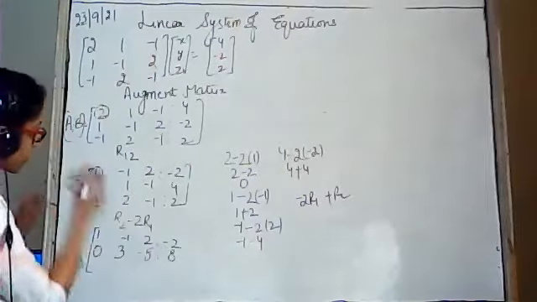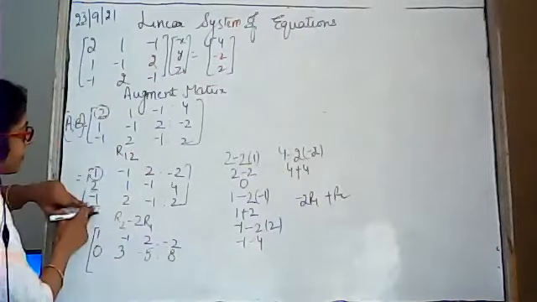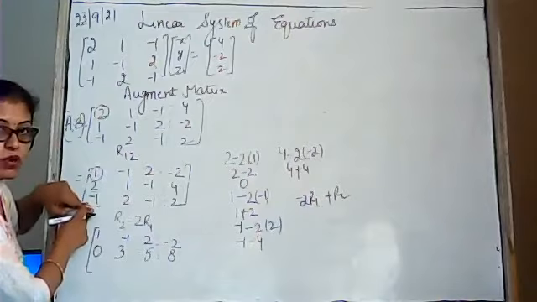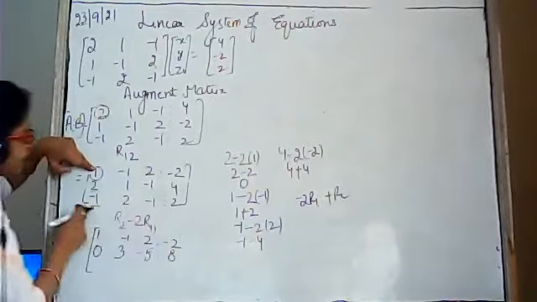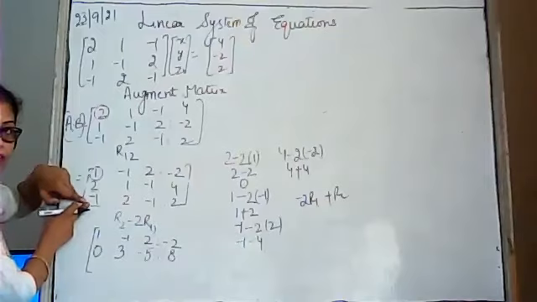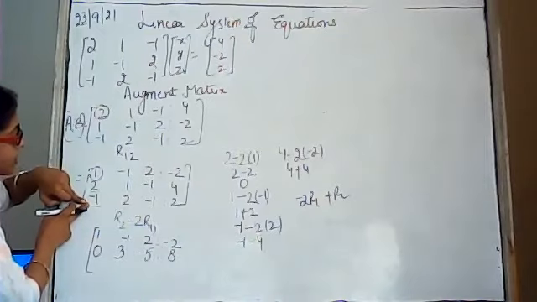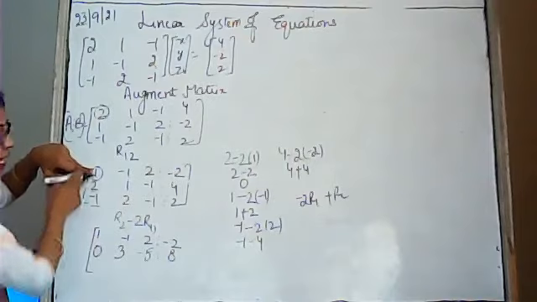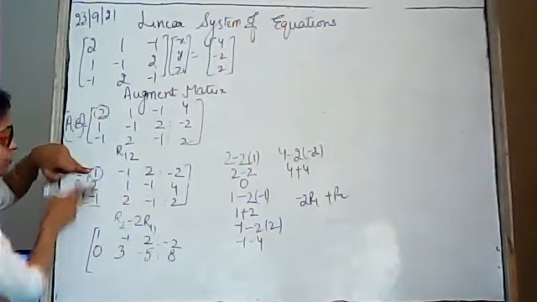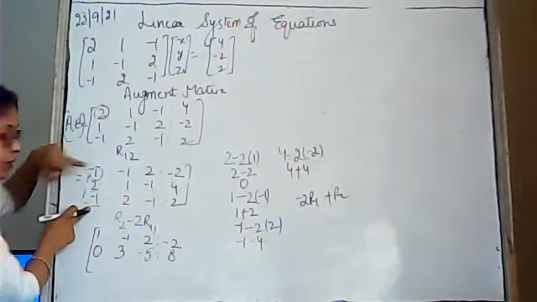Okay. After that, we have to make this term 0 also with respect to row number 1 again. It means we are having the element minus 1 and we are to make this minus 1 0 using this. It means if we add these two rows, minus 1 plus 1, this will become 0.